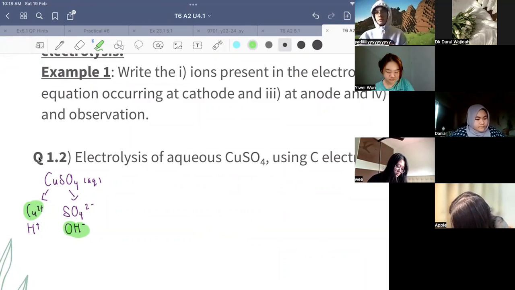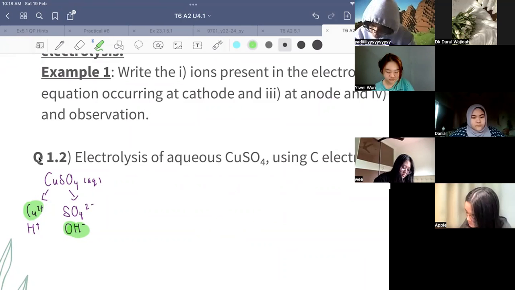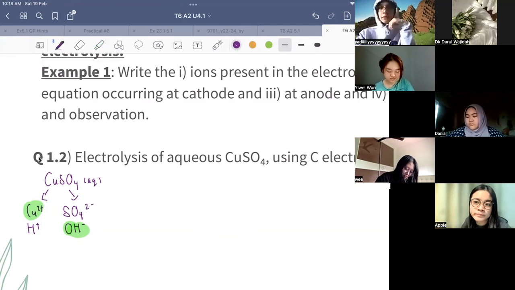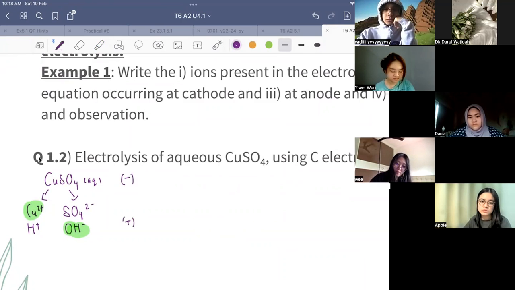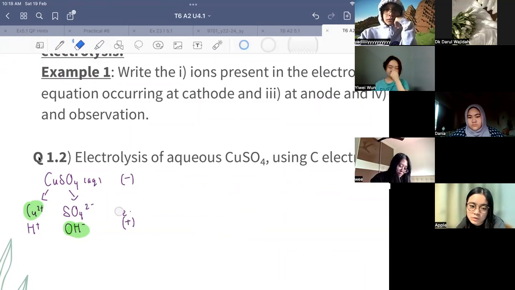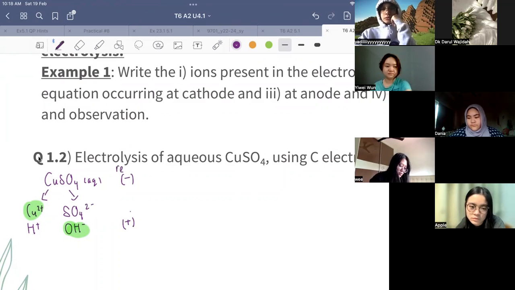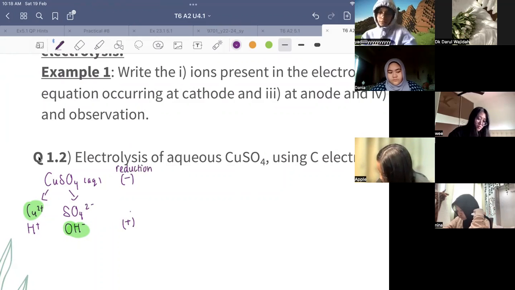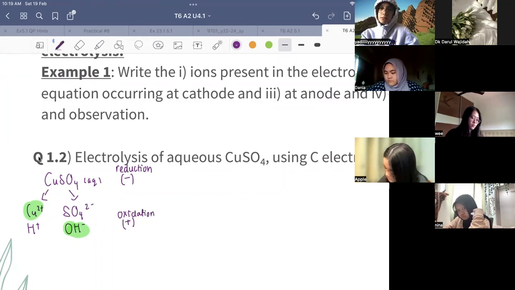Then we are to write down the equation occurring at the cathode and anode. Cathode is the negative electrode and anode is the positive electrode. Reduction happens at the cathode and oxidation happens at the anode, okay?